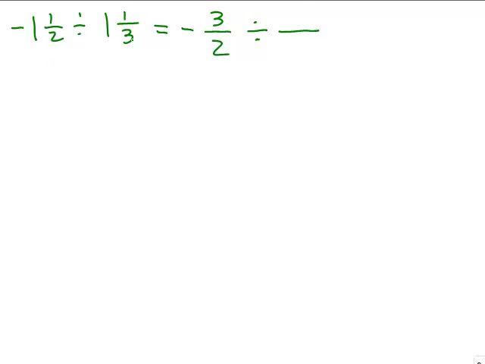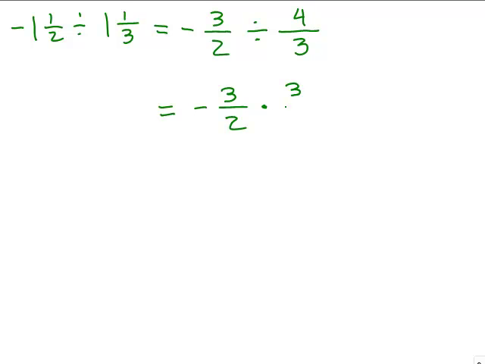So I have negative 3/2 divided by 4/3. Now you've got a division, so you want to rewrite that as multiplied by the reciprocal. So I still have negative 3/2 times, what's the reciprocal of 4/3? That'll be 3/4.